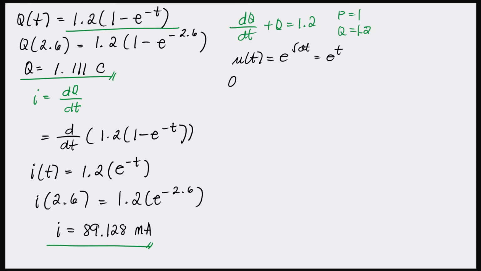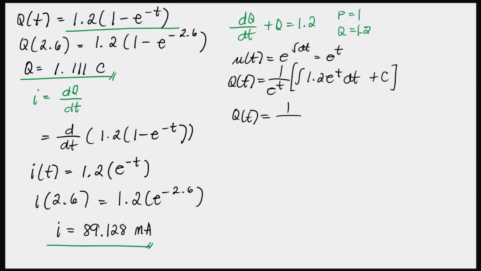So, therefore, we have q of t be equal to 1 over e raised to t multiplied by the integral of 1.2 e raised to t dt plus c. So, we have q of t be equal to 1 over e raised to t times 1.2, the constant comes out. The integral of e raised to t dt is simply e raised to t plus c.